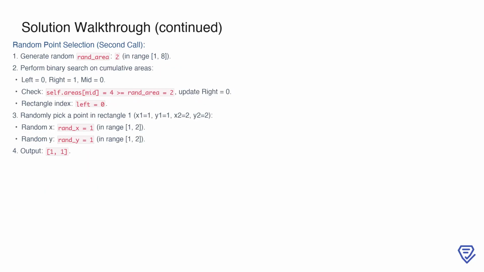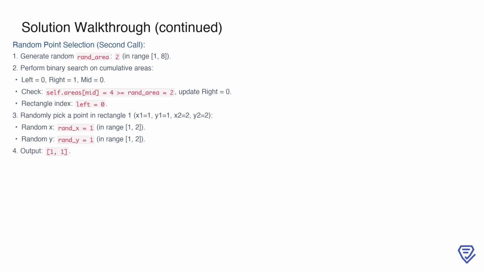For the second random point selection, we start by generating another random number within the range of 1 to 8, and this time it's 2. Again, we use binary search to find the corresponding rectangle. With left at 0 and right at 1, the midpoint is 0. This time, the cumulative area at index 0 is 4, which is greater than or equal to 2, so we update right to 0.